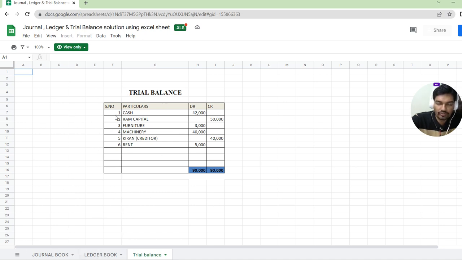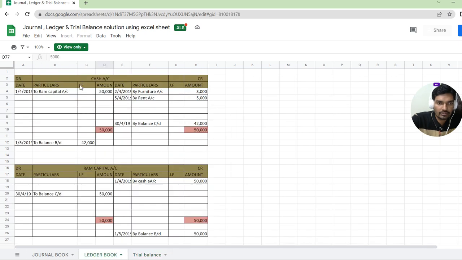So how many accounts have we identified using the journal book? 6. So we have opened 6 ledger accounts and we have balanced all of them. First is the cash account, which is showing a debit side balance only, so under the trial balance we need to show it on the debit side only. One more technique: where the balance brought down is available, this is the opening balance.